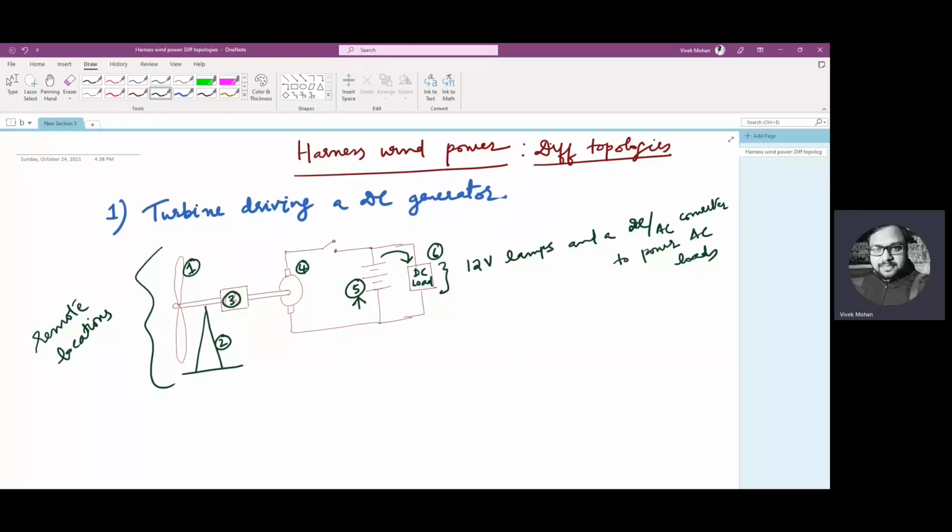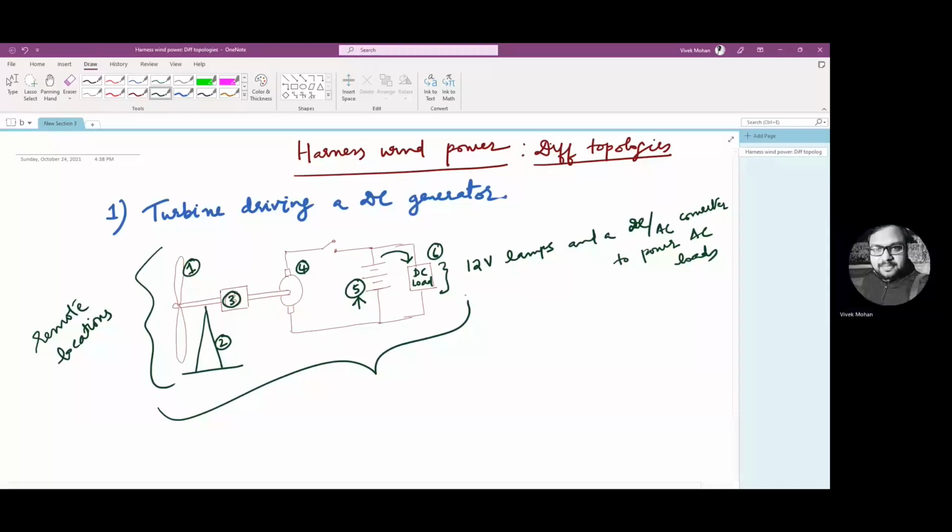But these small DC generators, their capacity is limited to a few hundred watts. So this is one of the topologies.